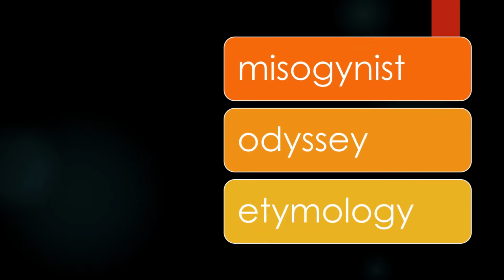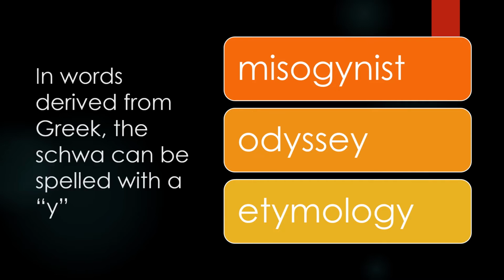Now, these words, what do they have in common? Misogynist, Odyssey, etymology. In words derived from Greek, the schwa can be spelled with a Y. And remember, the schwa is that lazy vowel. It is the vowel in an unstressed syllable, and it loses its power. It doesn't sound the way the real vowel sounds.